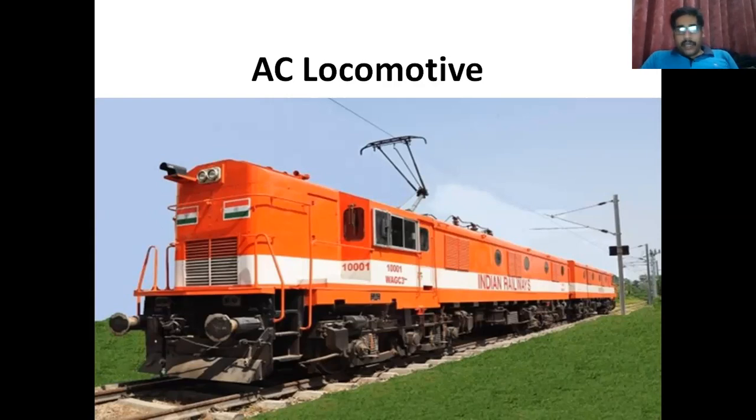As I have already explained to you, it is a part of the electric traction system, and as you all know, in electric traction system we use an electrical motor in order to drive the vehicle. So the system is called the electric traction system.